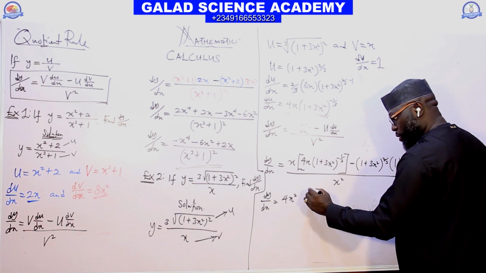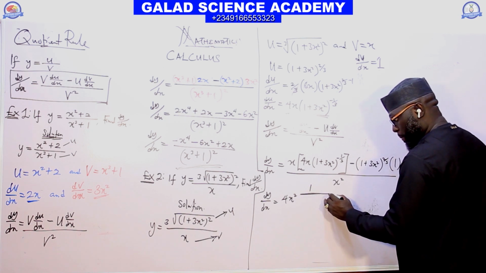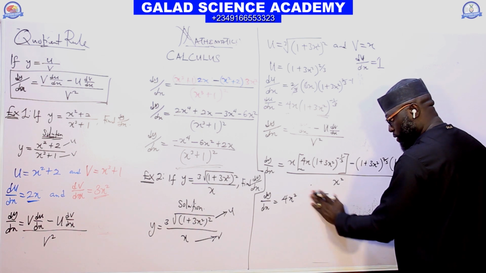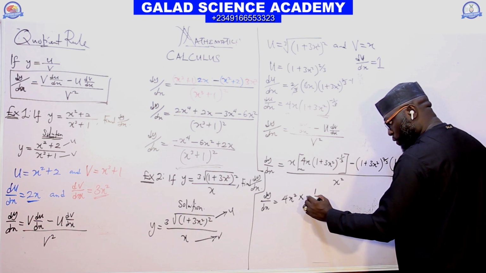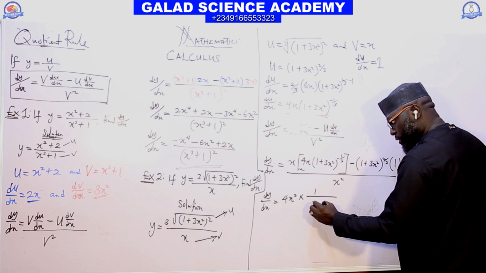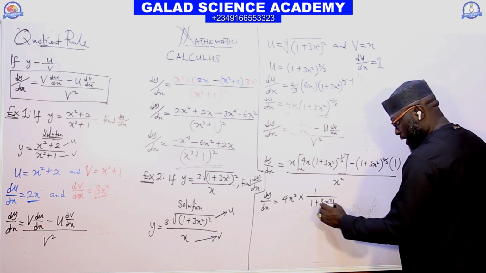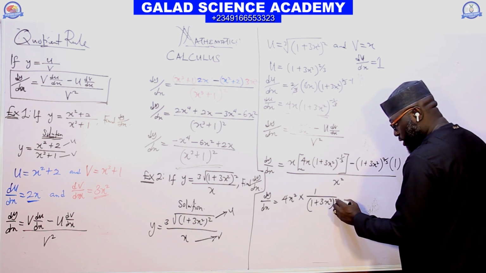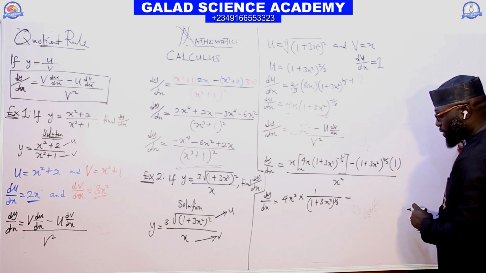This minus, it will become 1 over, so this 4x multiplied by 1 over 1 plus 3x squared, everything into 1 over 3, minus, what do we have here?